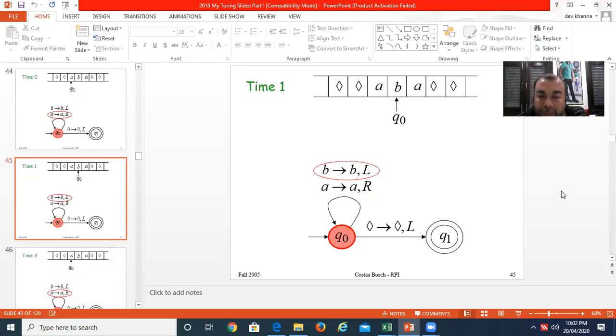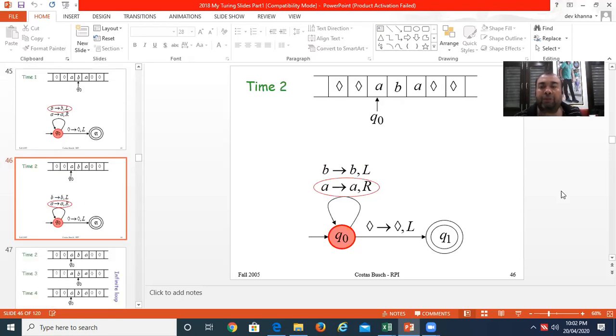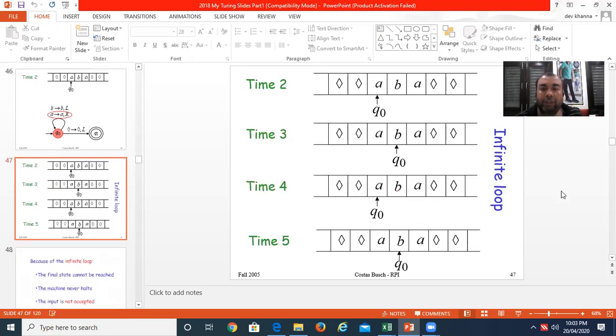You start reading B, B remains B and you switch back towards the A. What will happen with A? You read A, A remains A and you switch towards the right hand side. So at time 2 A to B, time 3 B to A, and again A to B, B to A. You never reach the third symbol.